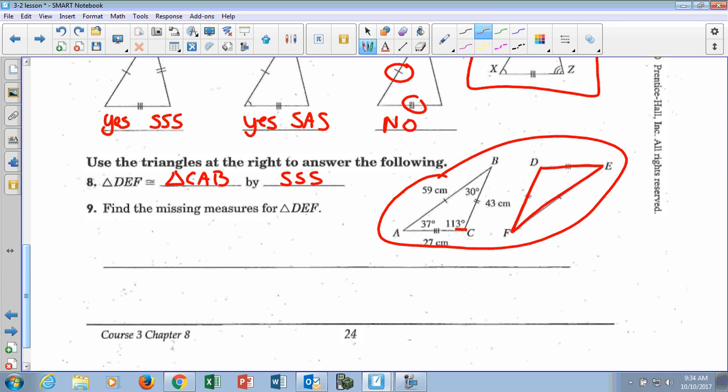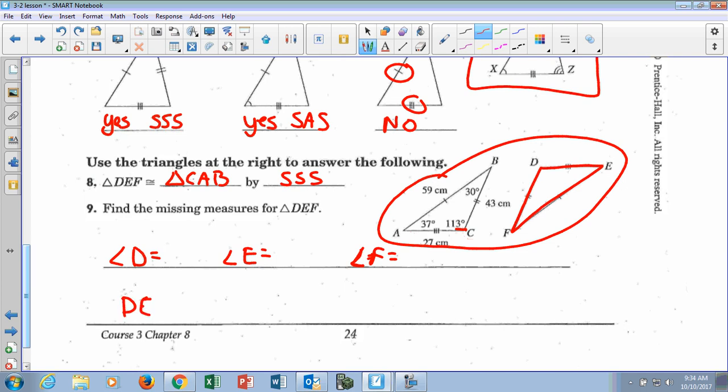And then it says find the missing measures for triangle DEF. So we need to find angle D, right? We need to find angle E. We need to figure out what angle F is. But then we also need to figure out side lengths, right?